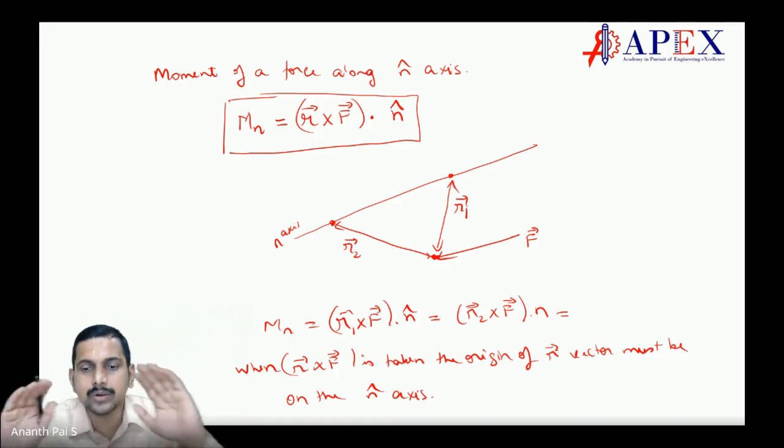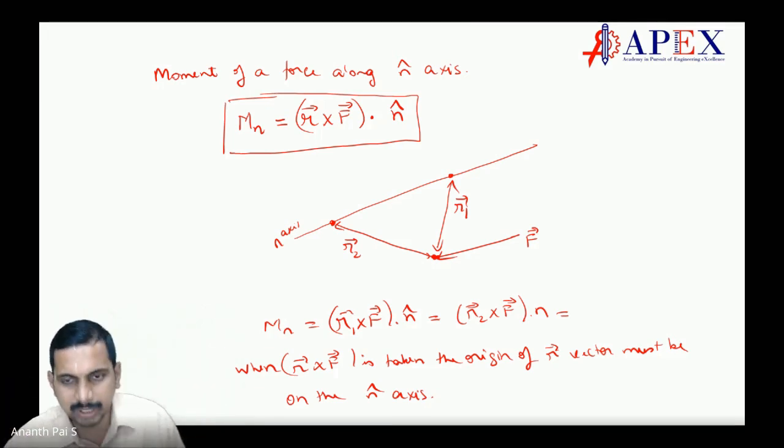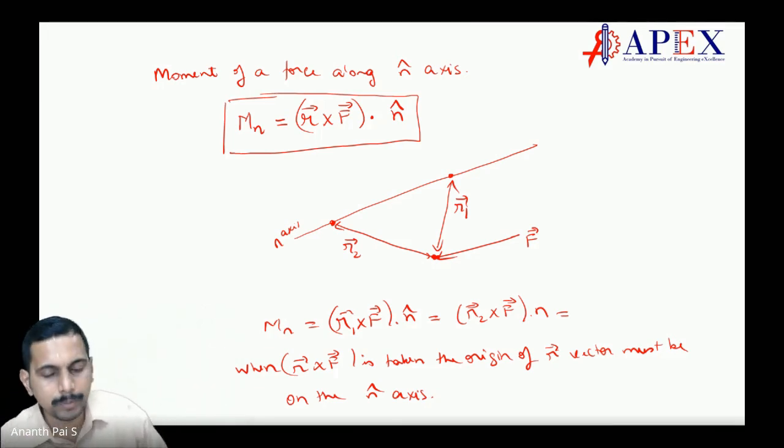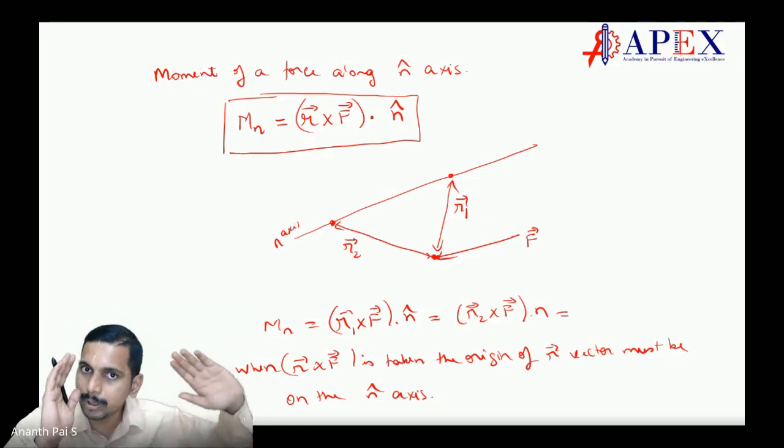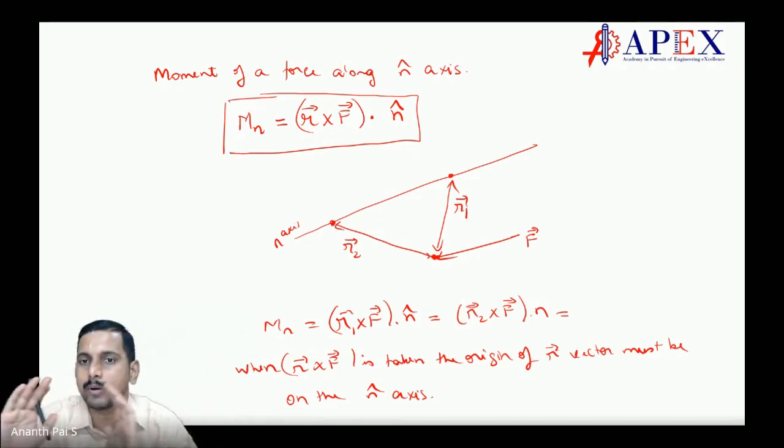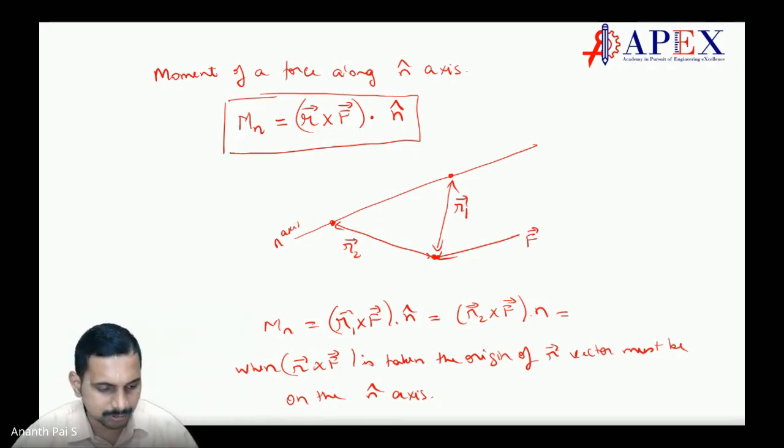Makes sense? That is the only thing. We will see it with a problem. Okay, we will do a problem and let us check it out. So I hope you got what is about moment about axis and moment about a point. Is it not?